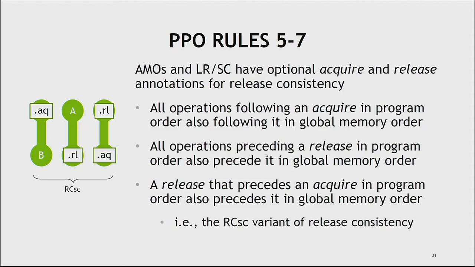And then very specifically we chose to implement the RCSC variant of release consistency, which says that the synchronization operations themselves, when marked as such, are also sequentially consistent, which means in this case, we have to fill in this missing ordering that if we have a release followed by an acquire, there's also an ordering there. There are other variants of release consistency. There's a lot of different variants out there, but we chose RCSC for this.